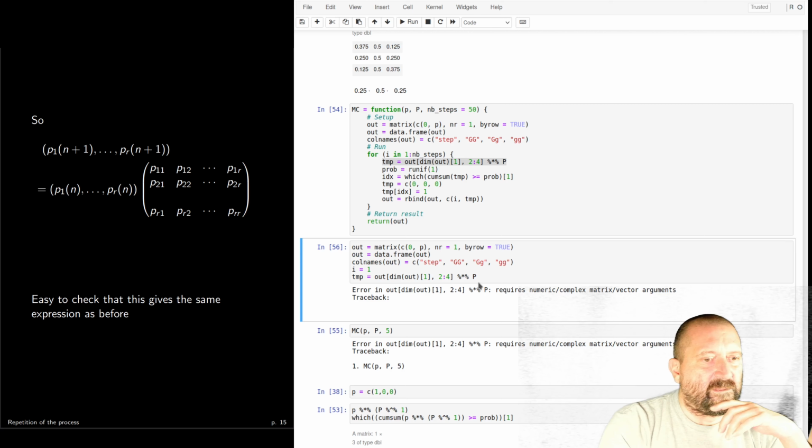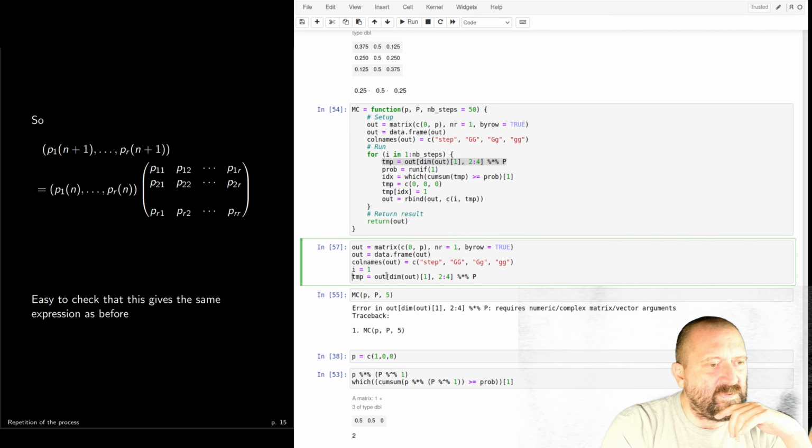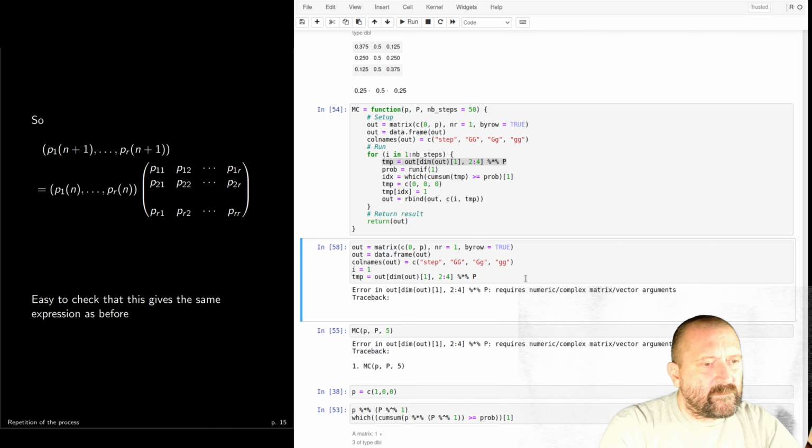Okay, so that's where things are not happening. So let's see, do I get to this point? Yes, I do. So I'm saying temp is, oh, okay, so first of all, what is its problem? Out requires numeric complex.